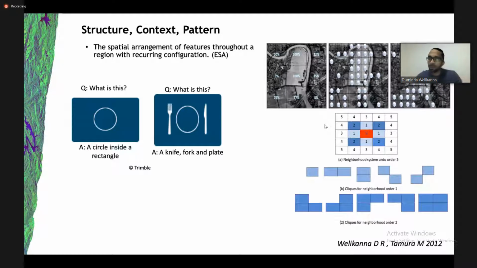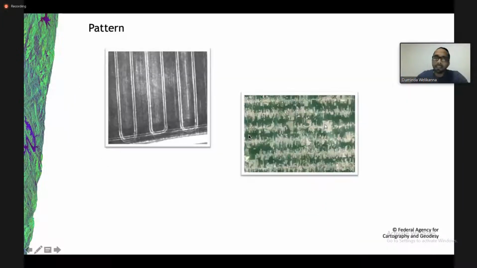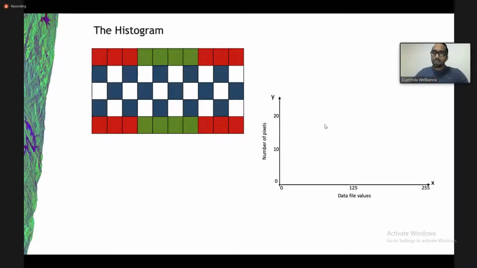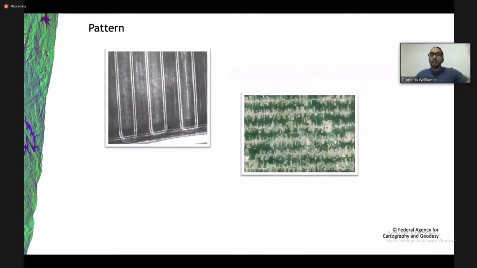So this is much closer to the concept of topology in GIS. So remember, patterns, contexts, paddy fields, rivers, and all these are elements. Okay, right. So up to now, what I said is elements. Important for you to understand.